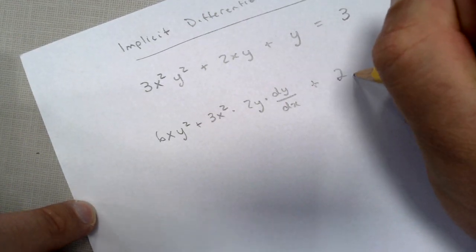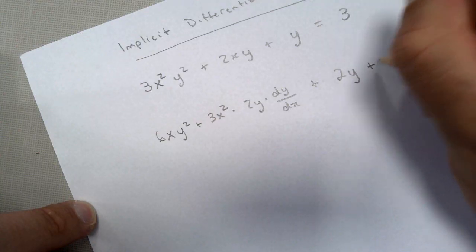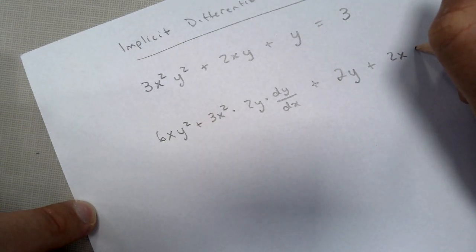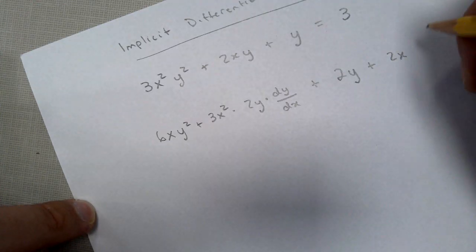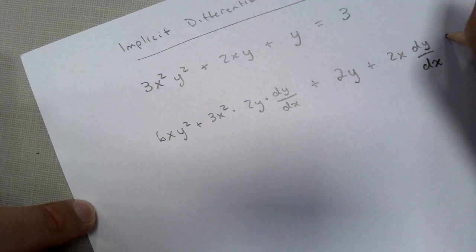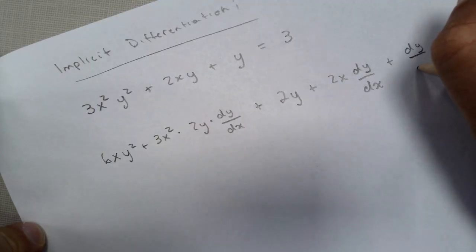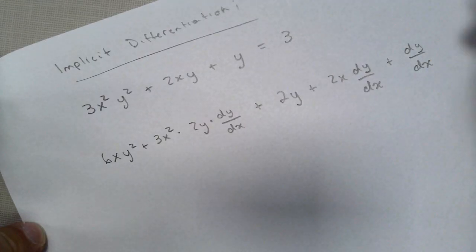So derivative of the first, so 2y, plus 2x. Derivative of y is just 1 dy dx. And then plus the derivative of y is just dy dx. And then the derivative of 3 is just 0.